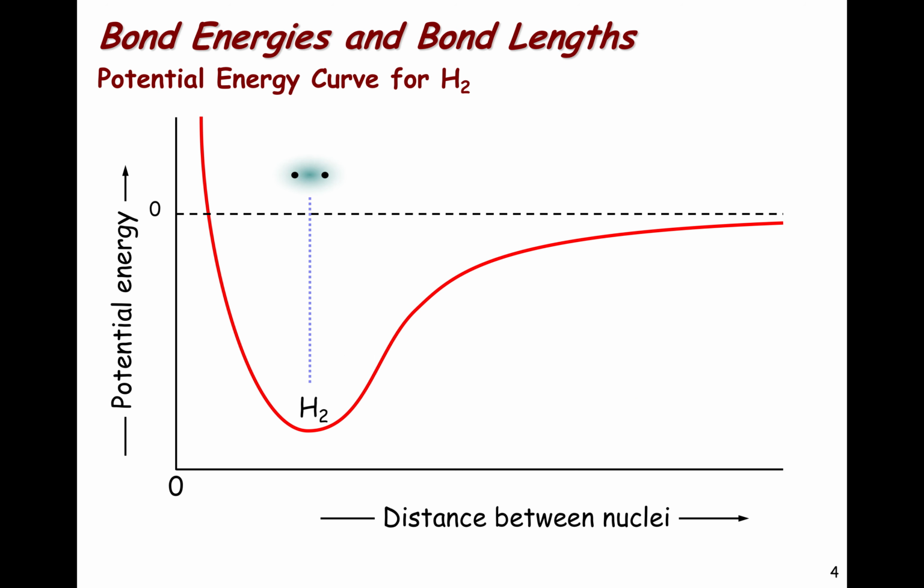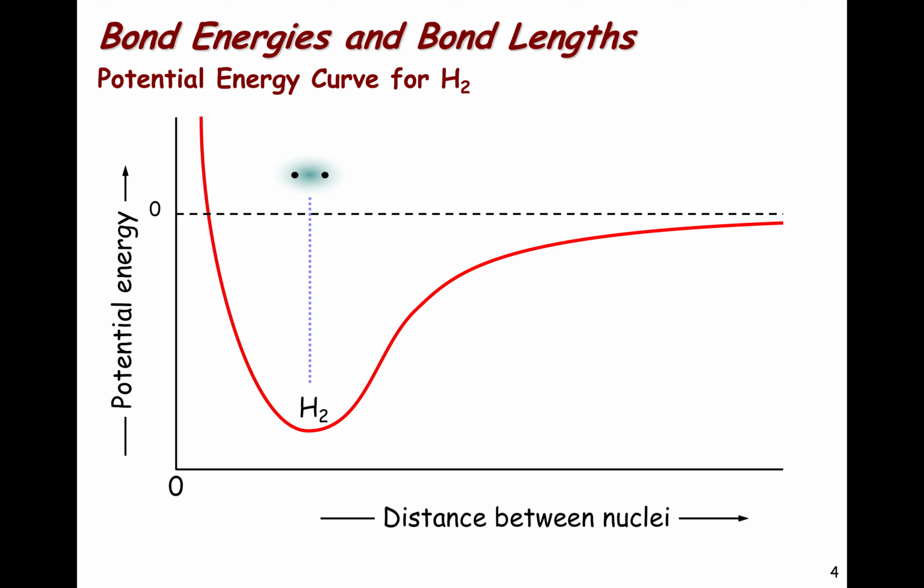In order to understand the sharing of a pair of electrons between two atoms, we can look at the potential energy diagram shown here, in which we have plotted on the x-axis the distance between the two hydrogen atoms, and on the y-axis we have the potential energy of the overall system. You'll notice that there is a situation where the two atoms are pretty far apart.